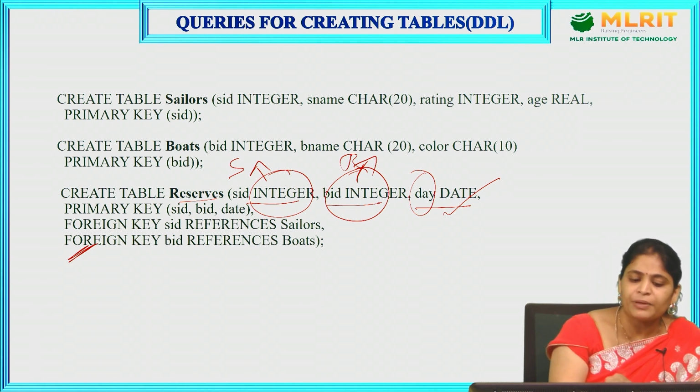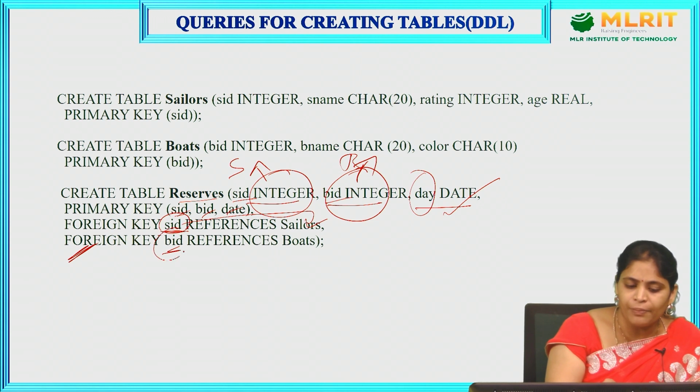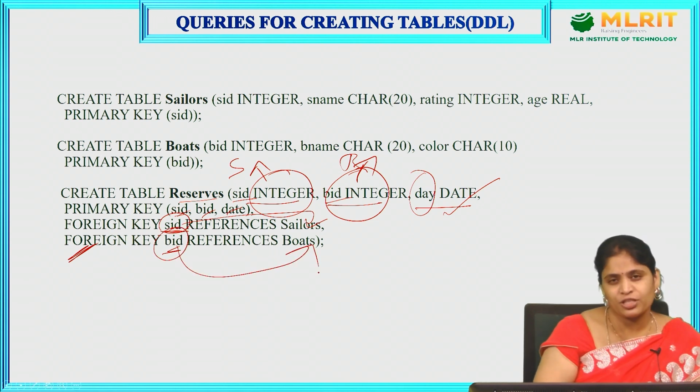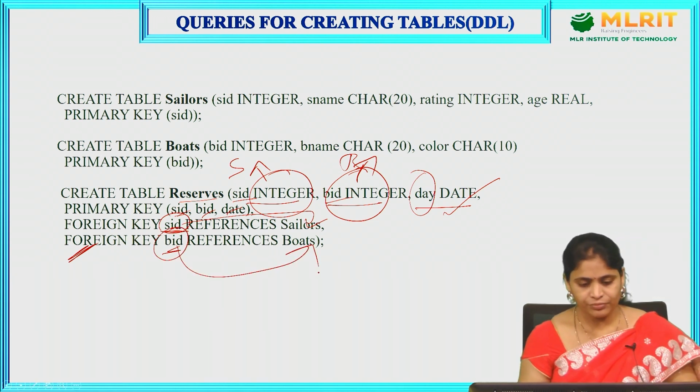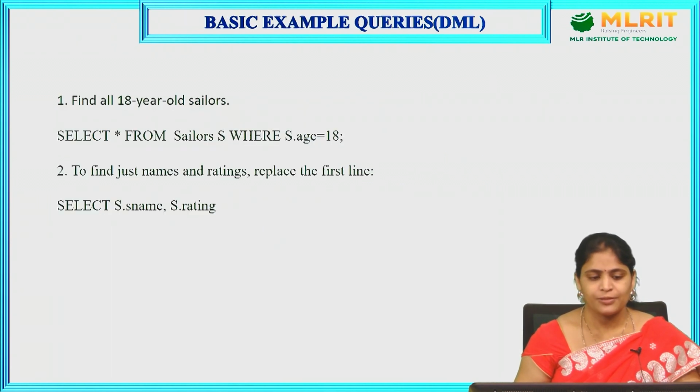And here the primary key can be considered as SID, BID and date together. And what is a foreign key here? These two can act as foreign keys, SID and BID. Why? Because SID will refer to the Sailors table and BID will refer to the Boats table, right? So in this manner we create all the three tables.